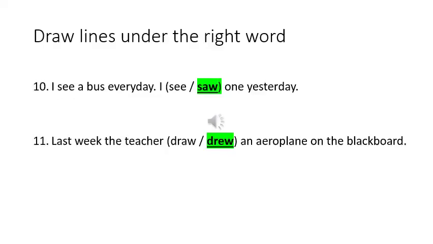See is used for present tense and saw is used for past tense. As the second sentence is about past tense, so we have to select which option, see or saw. Yes, we have to select saw. Saw is the right word.